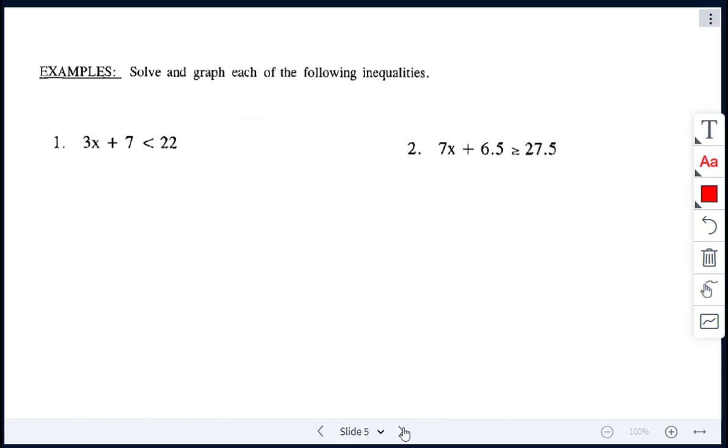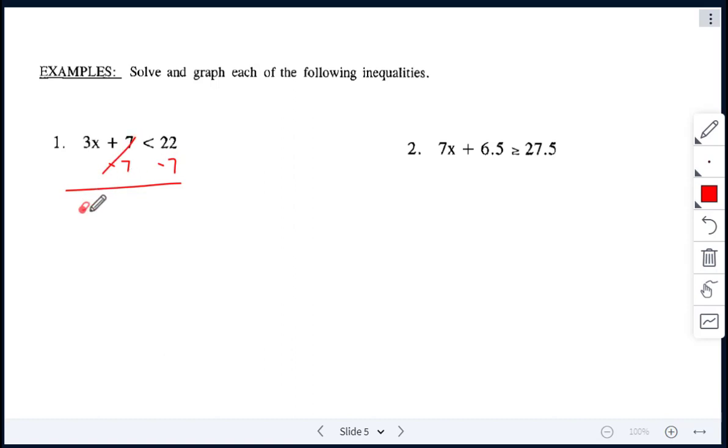So let's take a look at our first example here. We have to solve and graph each of the following inequalities. The rules are exactly the same as when we are solving equations. Our first step is to subtract 7 on both sides.